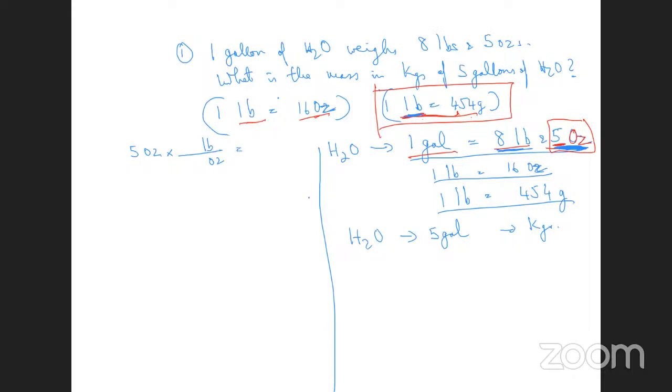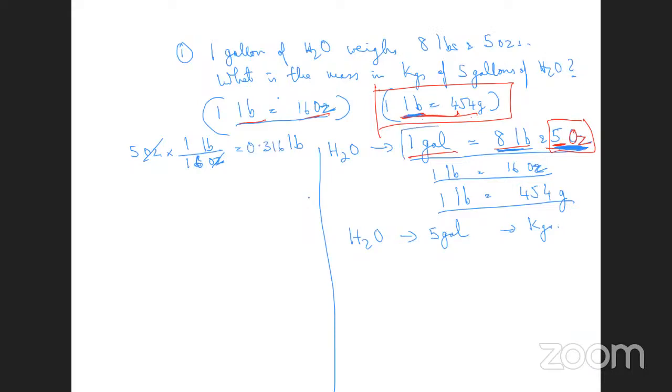We know the desired unit is pounds. Ounces to ounces would cancel out. What's the ratio? Here we have given 1 pound means 16 ounces. So let me do that. 5 divided by 16, I get 0.316, we'll say 0.316 pounds.